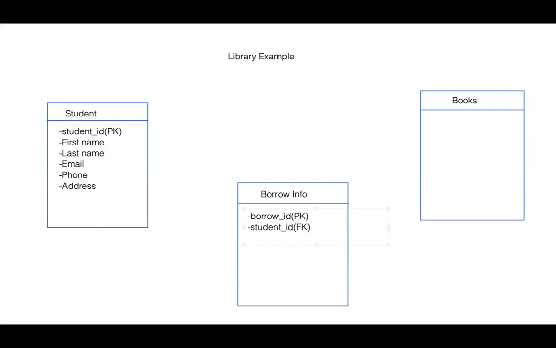All right. Then we have the borrow date. But since we are in the borrow date, we need a return date as well. And next, we are gonna have our book ID.